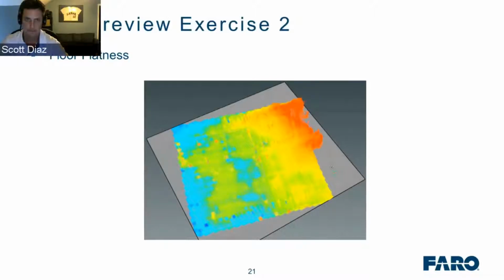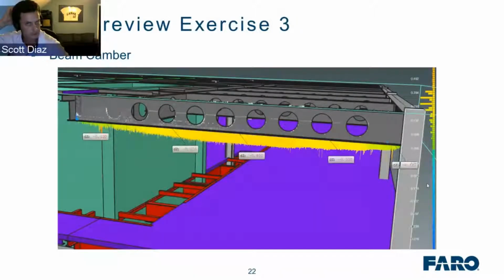So this is the third exercise, talking about beam camber and deformation. What you'll see here is we'll look at a specific beam and the CAD for specific beams. So if you play the video.